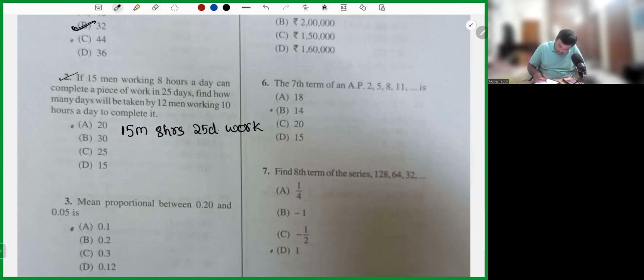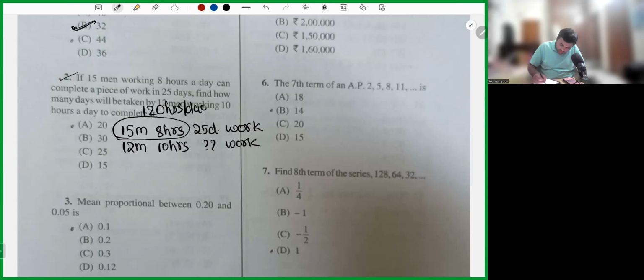Next, 12 men working 10 hours a day can complete the work in how many days, is what he is asking. Now, 15 men working 8 hours a day can complete the work in 25 days. 15 men working for 8 hours a day means per day, how many hours will they work? Per day, these people will work 120 hours.